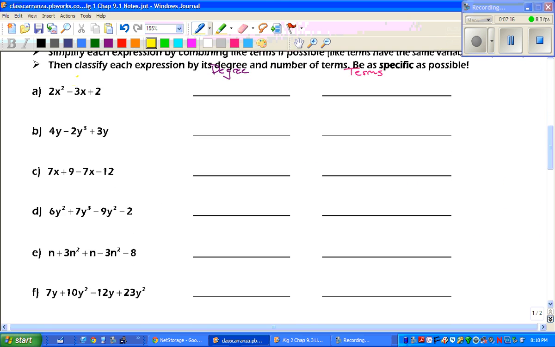You should be looking back up here to say what it is. Now, I need to look at whatever the highest exponent is. My highest exponent is 2, which means that this is a quadratic. And by looking at the number of terms, I have 3 terms, which means it's a trinomial. So it's a quadratic trinomial. Let's look at B. 4y minus 2y cubed plus 3y.